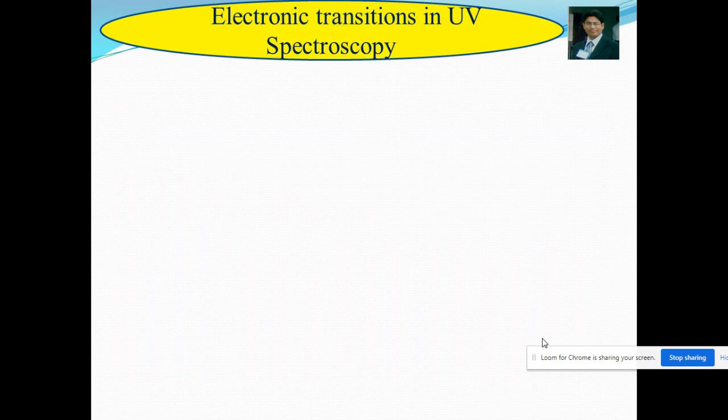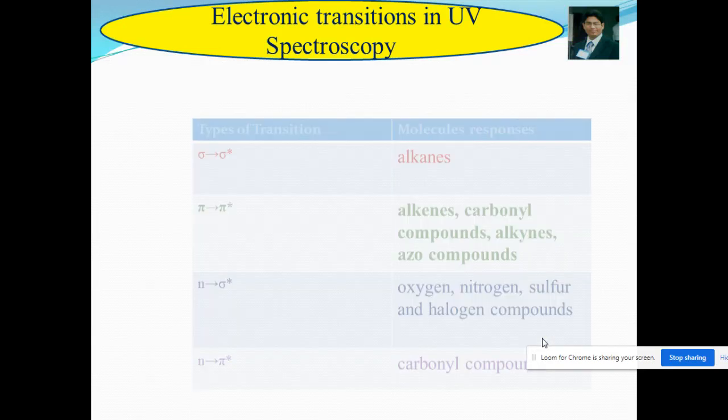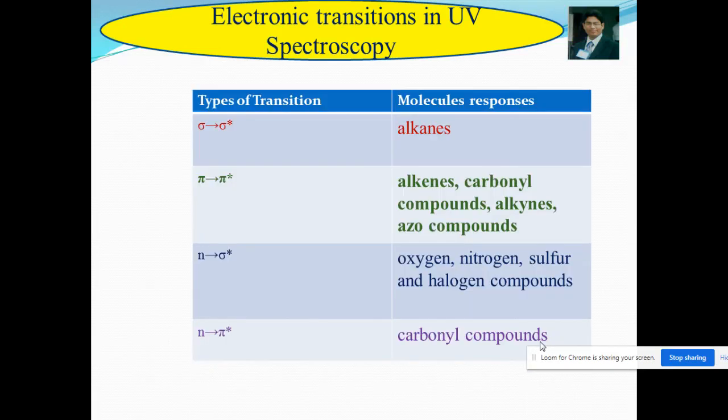What electronic transitions occur in UV spectroscopy? There are four types of electronic transitions: sigma to sigma star, pi to pi star, n to sigma star, and n to pi star.